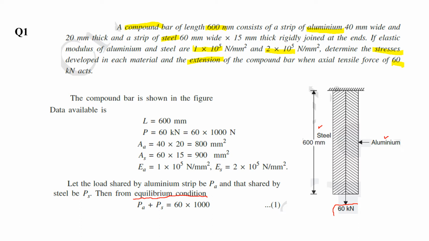This is a compound bar and it is subjected to 60 kilonewton and they are rigidly joined at the ends. So when it is subjected to 60 kilonewton, there will be extension of steel and extension of aluminium. Since these two are rigidly joined, the extension of steel should be equal to the extension of aluminium. That will give our second condition.